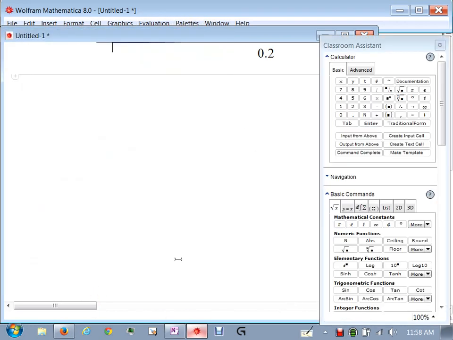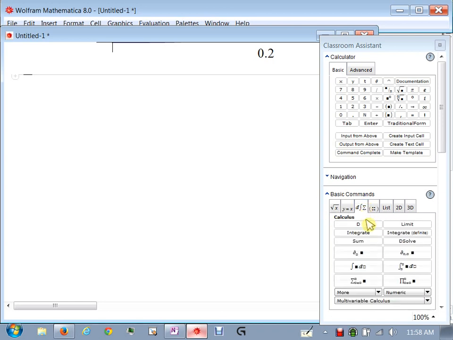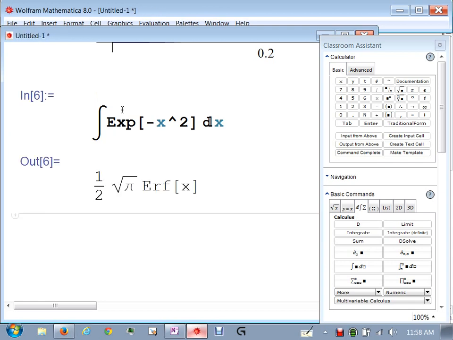I haven't tried it in a while. So what does Mathematica say when I try and integrate e to the negative x squared with respect to x? Now the error function. So I did show you this. So it can't do it. All right? Can't do it.